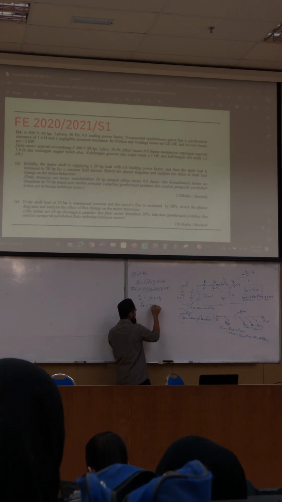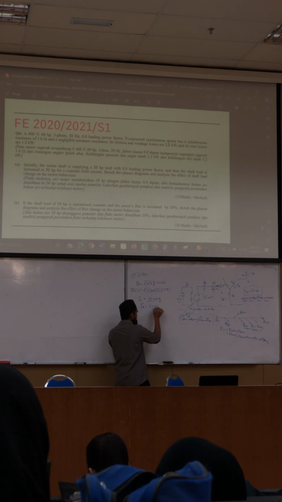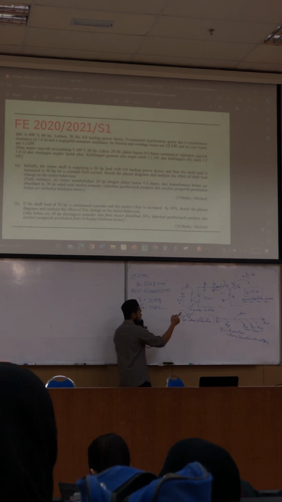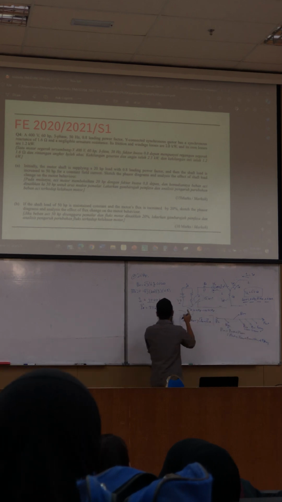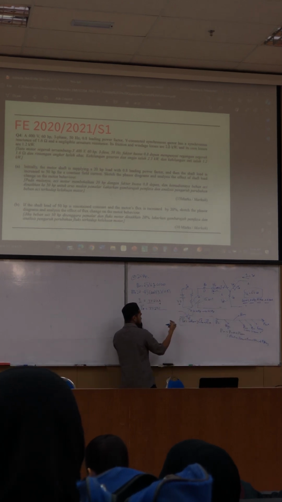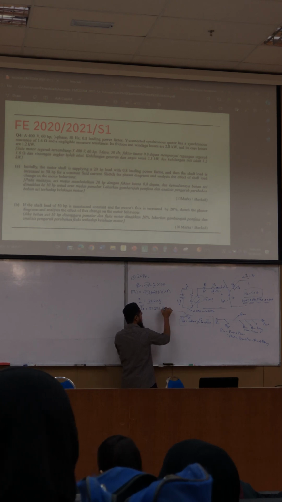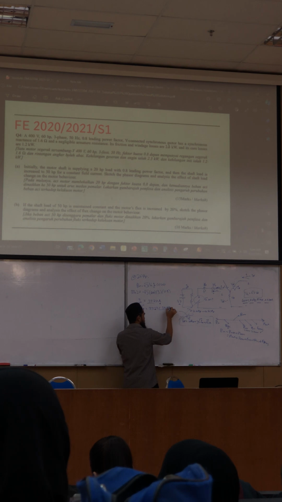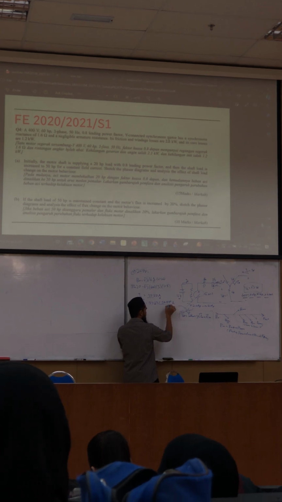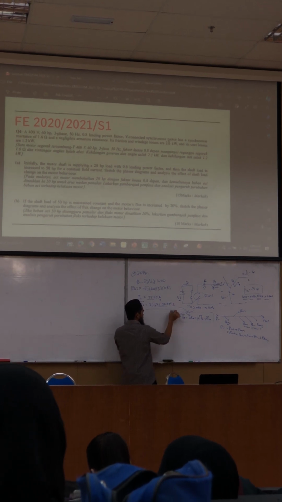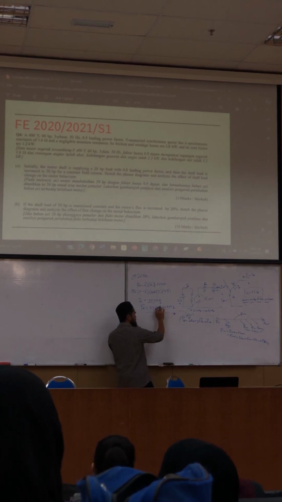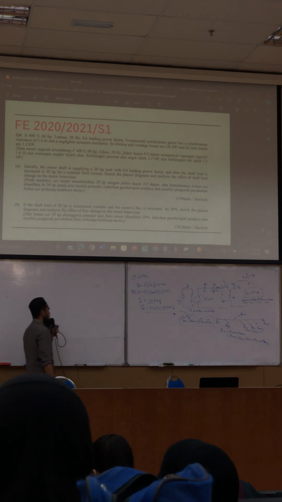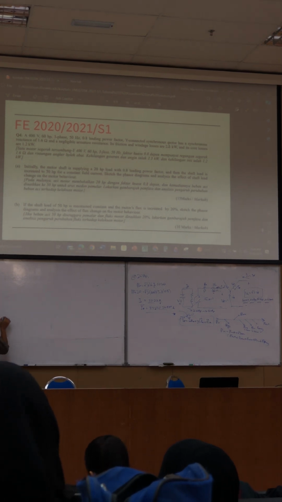So 33.23 because this angle is in leading, so 0.8 dapat apa angle? 36.87 degree ampere. So kalau negative, you put negative. If positive, you don't have to put the mark.